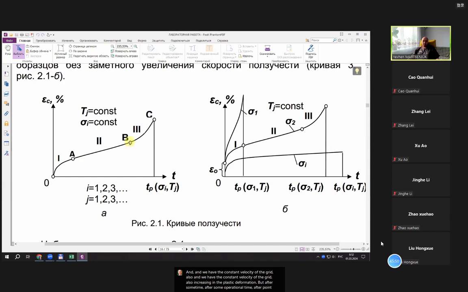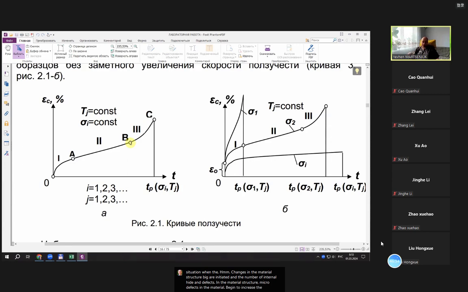But after some operational time, after point B, changes in the material structure are initiated, and the number of internal hidden defects, micro defects in the material structure, begins to increase.